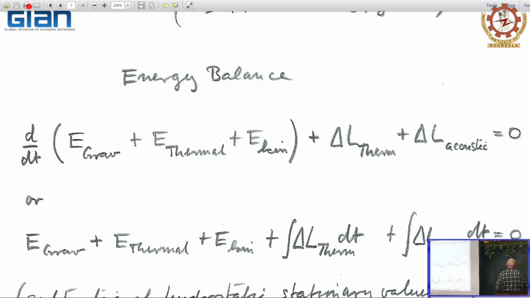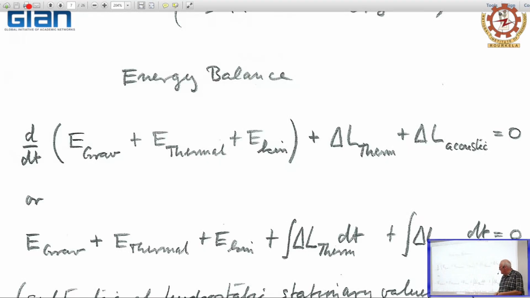So we have two surface terms. One is due to the divergence of the thermal flux, and this relates to a surface integral of F times the normal vector of the surface times the surface element. So two surface integrals, denoted here with delta L thermal and delta L acoustic.